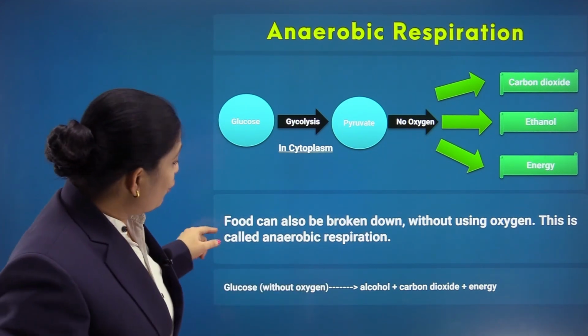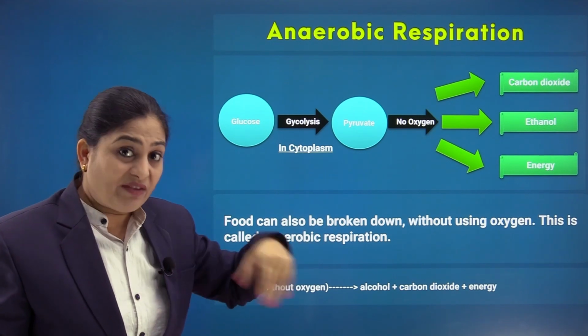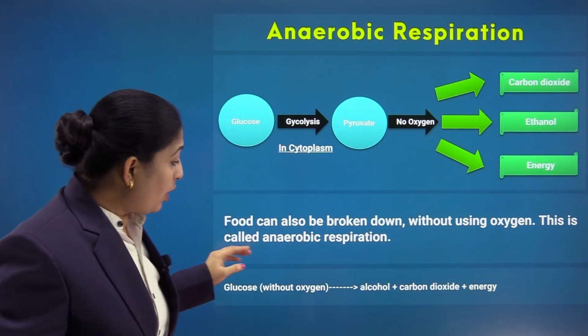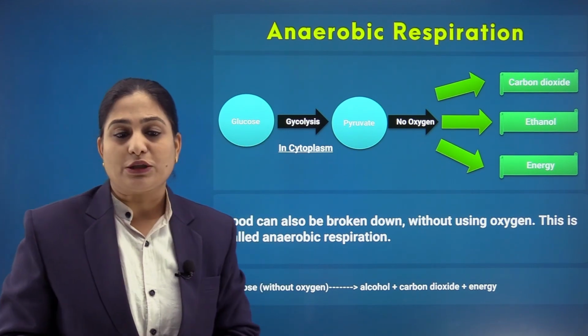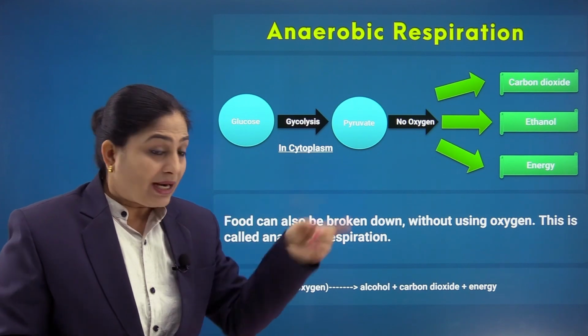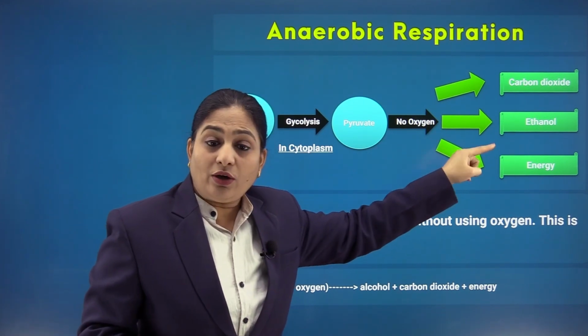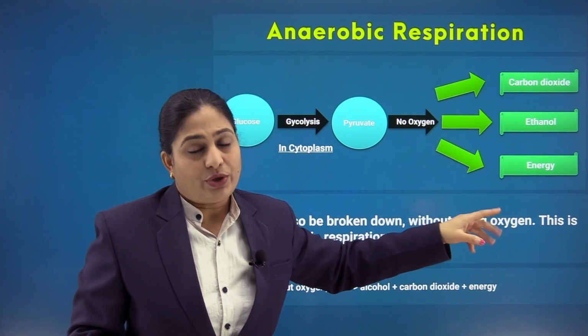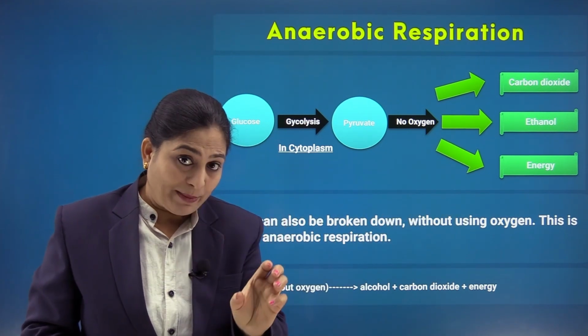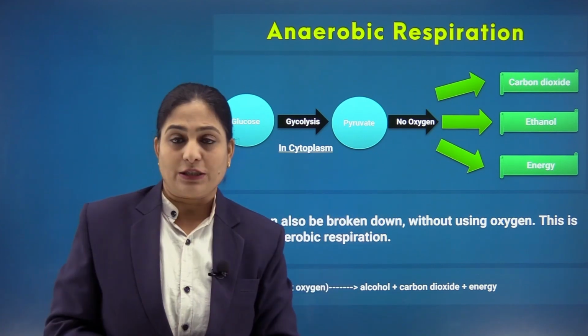So basically food can also be broken down even in the absence of oxygen, without using oxygen, and we call that respiration anaerobic respiration. And in this case, we have carbon dioxide with ethanol and energy. So here we have some different byproducts which are formed in this respiration.